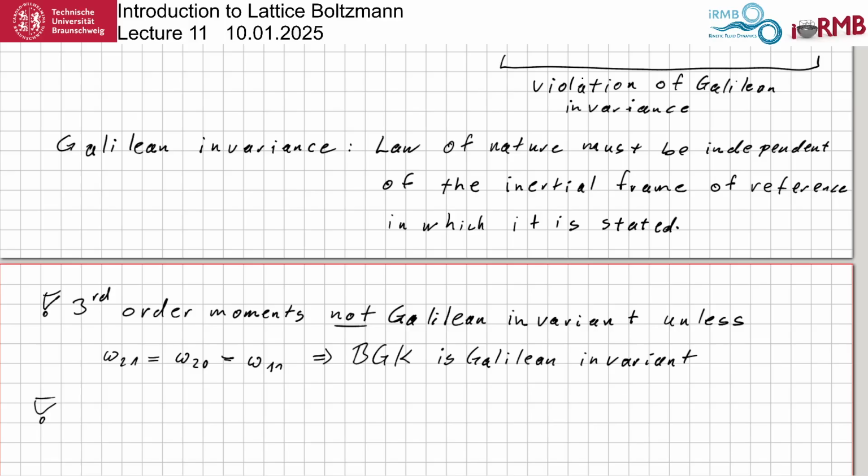So I was saying that because of the discretization of the velocity space, we will never be Galilean invariant, right? However, in the example that we looked at in the third order moment, we did not use this discretization. So this would be the case even if we had not been discretized.